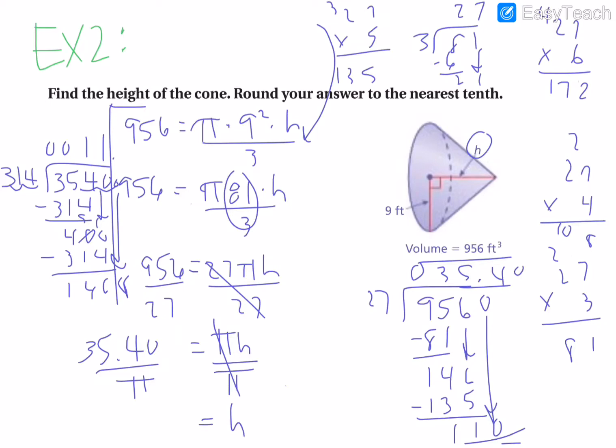I think I just made a mistake somewhere. Calculating, sorry guys. Hope you're calculating while I'm trying to figure this out too.